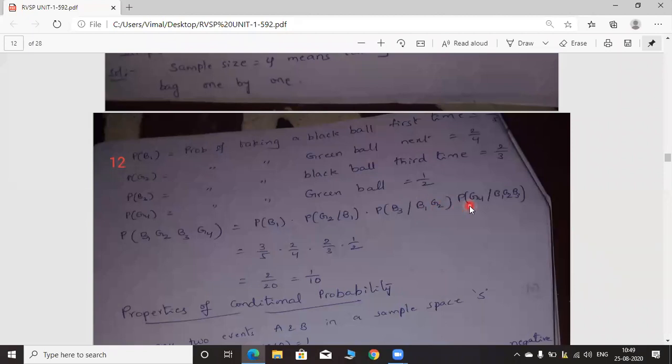Similarly, probability of G4 given B1, G2, B3 means the probability of taking the green ball the fourth time, provided that the black ball is picked the first time, the green ball the second time, and again the black ball the third time. So the probability of picking the green ball the fourth time depends on the three events B1, G2, B3. So this problem is based on conditional probability only.